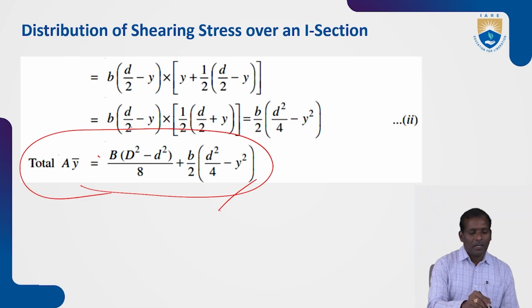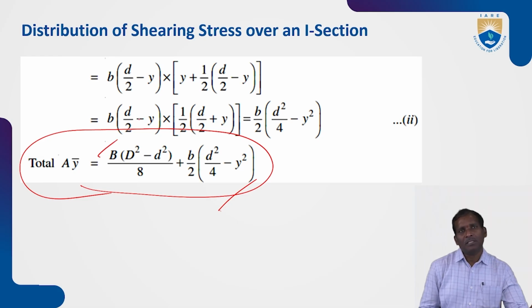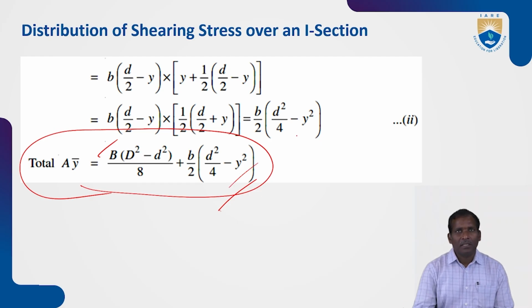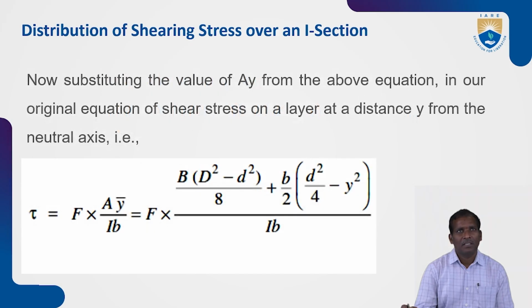Here capital B is the width of the flange, D is the depth of the web, and small d is the depth of the flange. And y is the distance of the JK elemental section portion from its neutral axis.